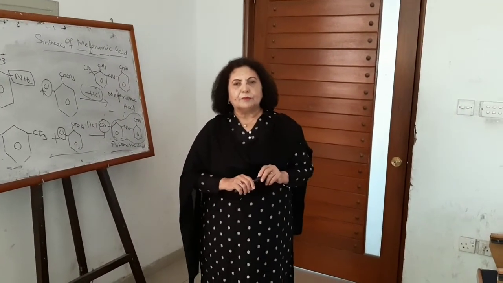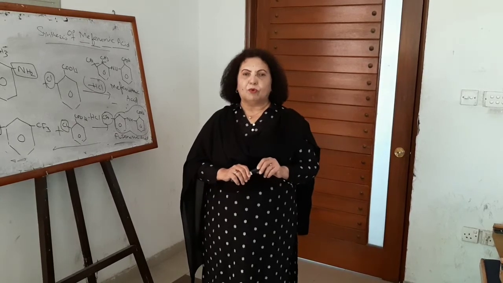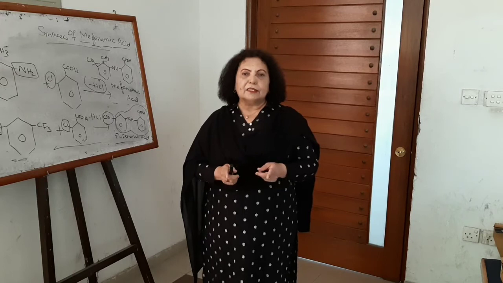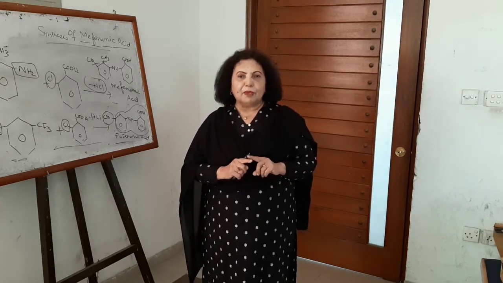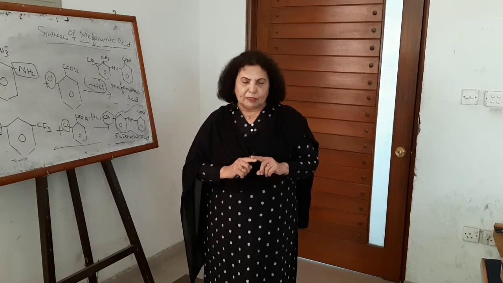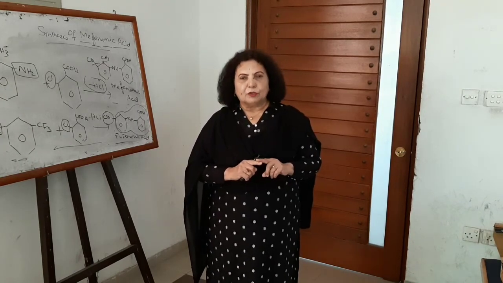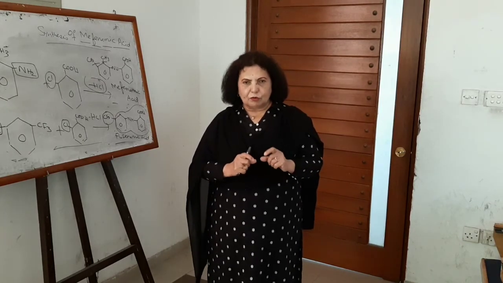So certain drugs have to follow the process of conjugation. Conjugation means combining the drug with certain compounds which make them soluble in the body fluids. They are known as conjugated products or conjugated components, and the process is known as conjugation.